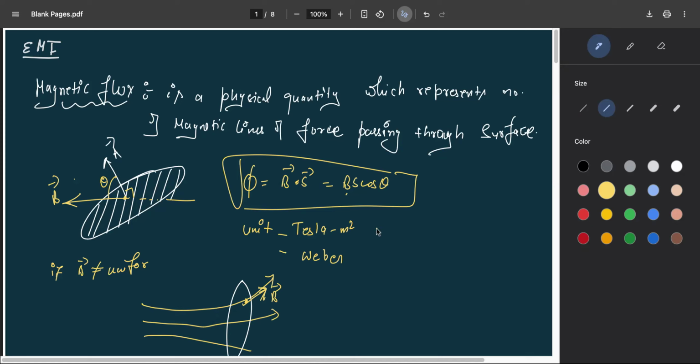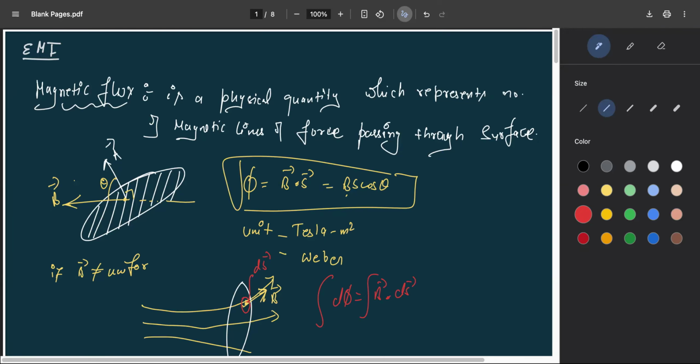In that case, you take a small area vector dS, and the magnetic field is B at this point. So the flux dφ comes out as some function dot dS. We don't know what that function is. You integrate it depending upon what kind of function you are using. This is what you need to do.